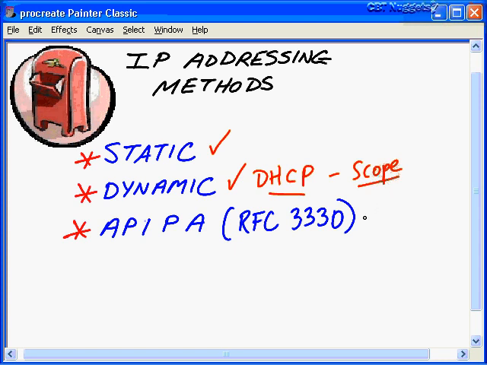Or we can use what's called APIPA, which is the Microsoft term for RFC 3330. This is automatic private IP addressing, and it's basically a failback solution.